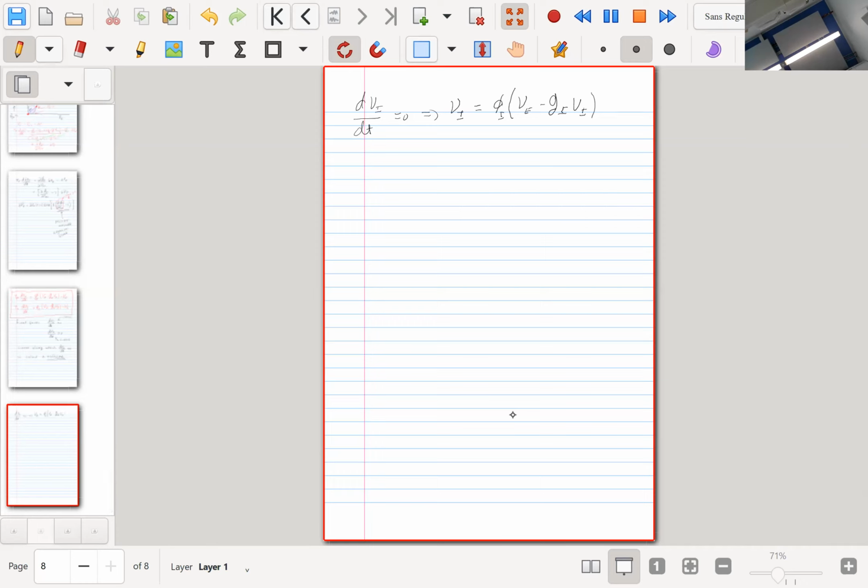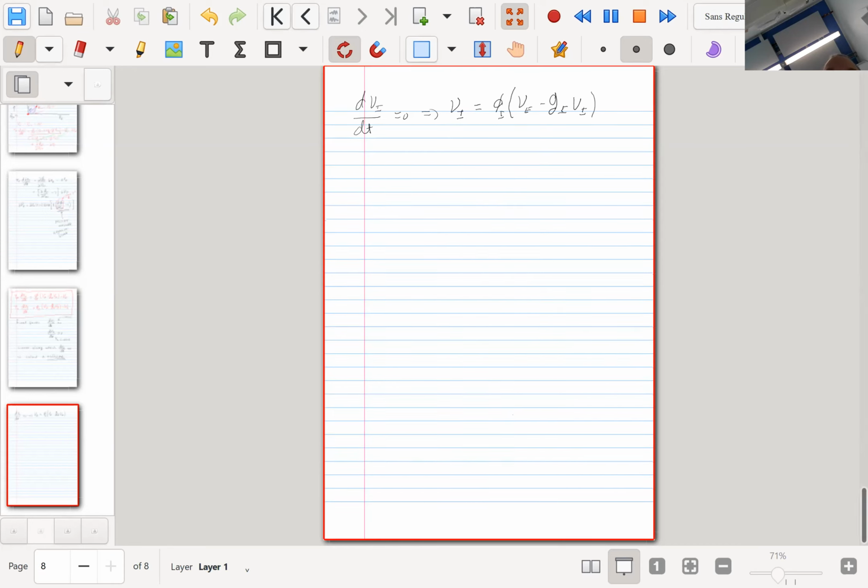This is a nonlinear equation, but what we can do is fix ν_E and find the value of ν_I that satisfies this equation. We'll do this over and over again. That'll be a little more clear in a second.